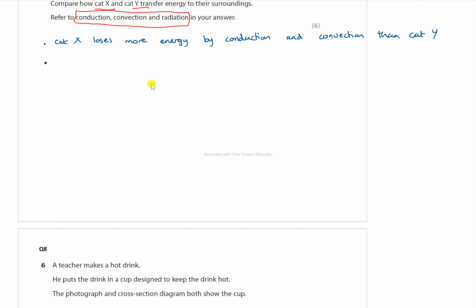Cat Y has fur, which is a poor conductor of heat, and it traps air.